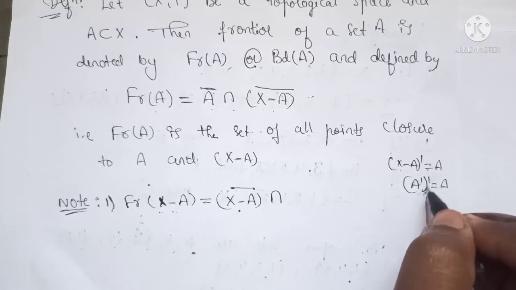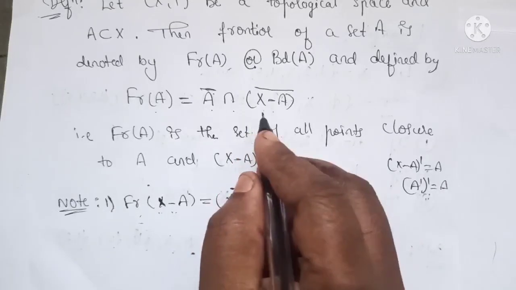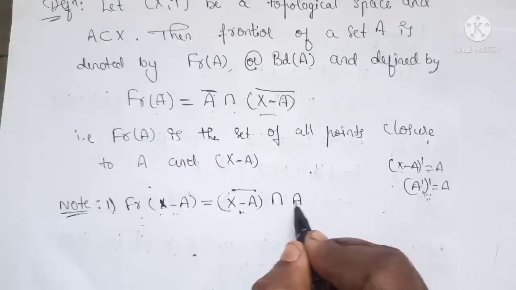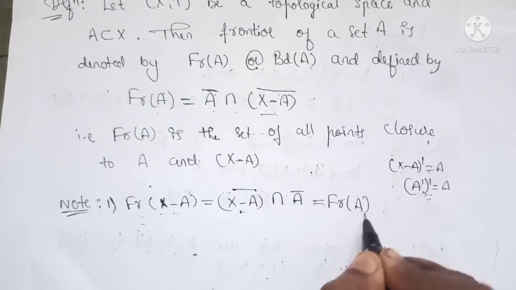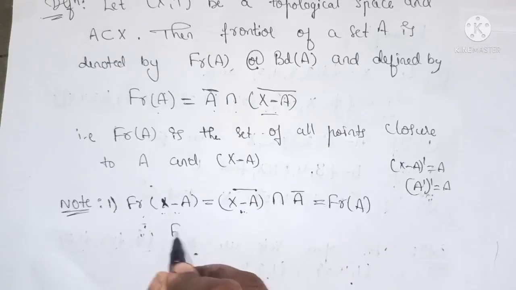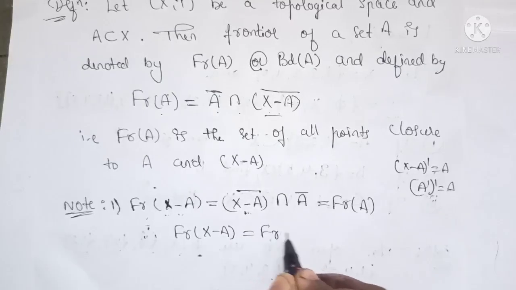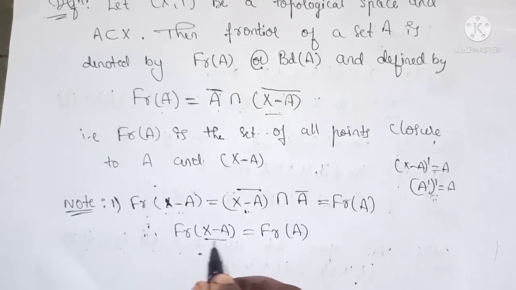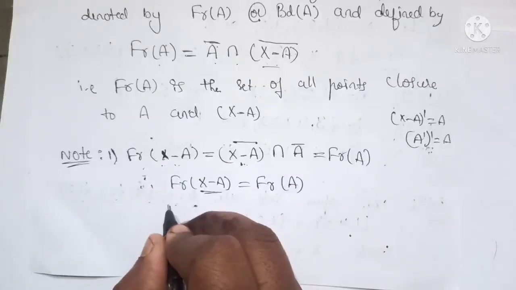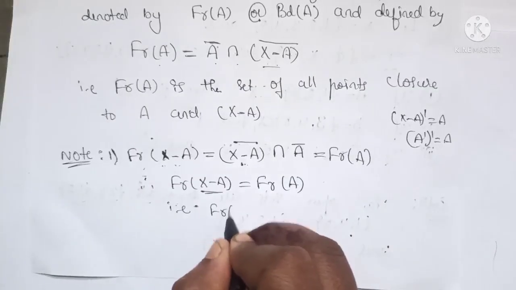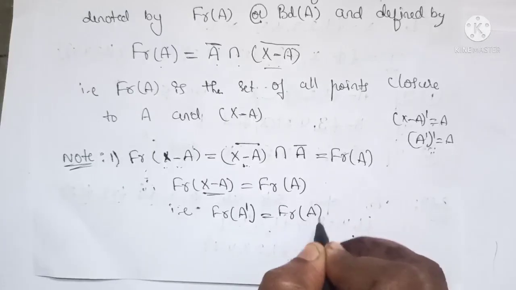So its closure is A closure only. Therefore it is nothing but frontier of A. Therefore remember that frontier of X minus A is always equal to frontier of A. X minus A means complement of A. So frontier of A complement is equal to frontier of A.